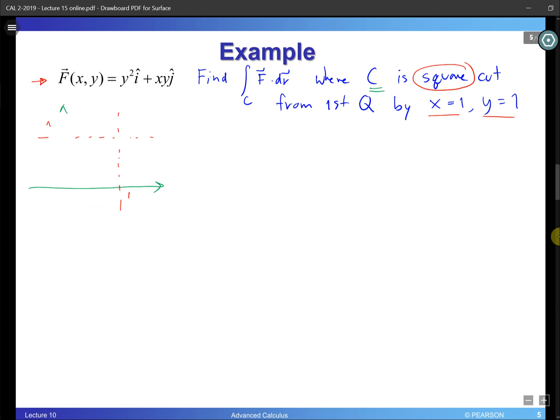I need the y-axis back. Alright, so a square, first quadrant, y equal to 1, x equal to 1, it's going to look like this. From the look of this, you know right away this is a closed loop. And then the information doesn't stop here, and it says that the circulation of the path is clockwise.